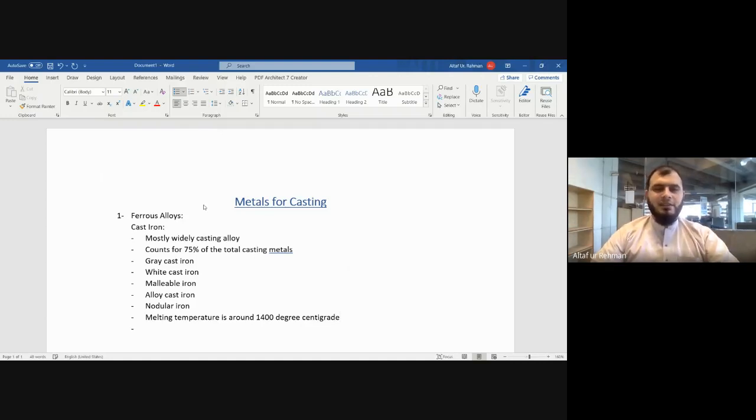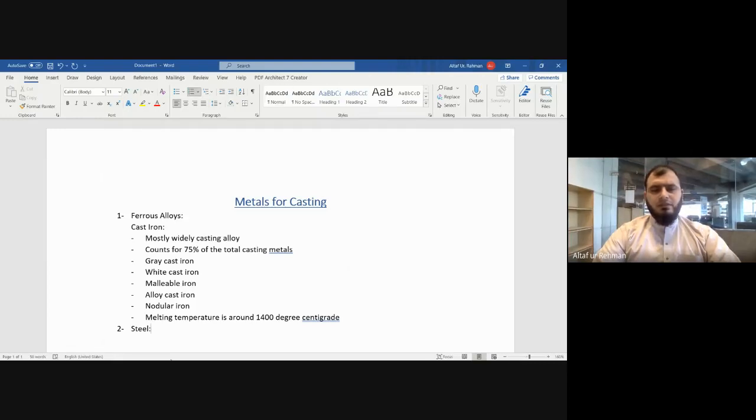So let's come towards the second type of ferrous alloy, which is the steel. When talking about steel, let me highlight it. Steel has much better mechanical properties when compared to cast iron, and that is why we use it as an engineering material. It is a much more attractive material, and it has much better strength, better toughness, weldability, and other good properties.